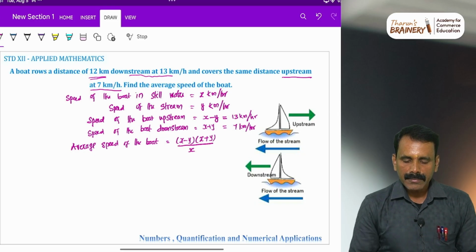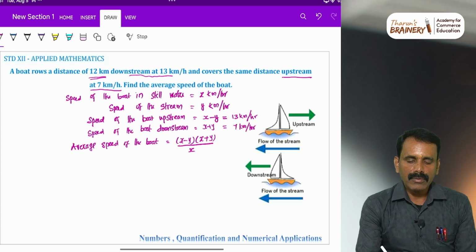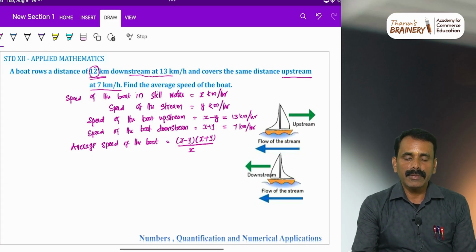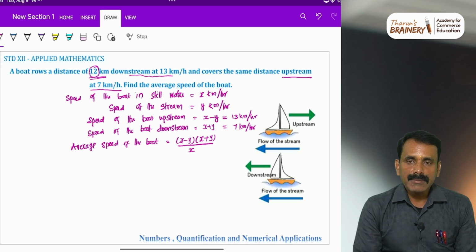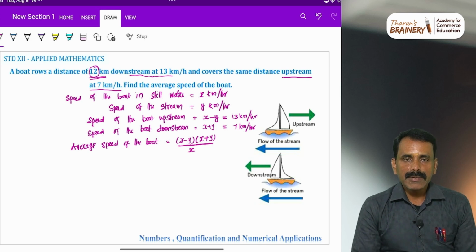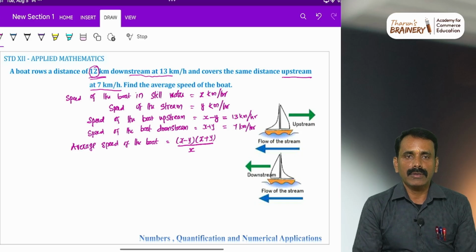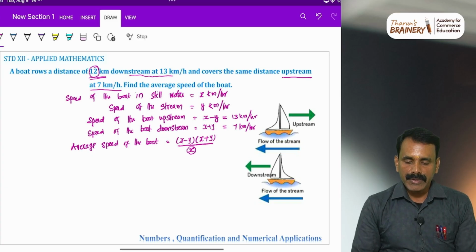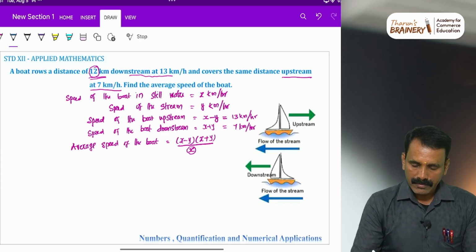I told you already, the average speed of the boat doesn't depend on the distance covered. It depends only on the upstream speed, downstream speed, and speed of the boat in still water. So we are supposed to substitute for this value x. For that we have to solve this equation.